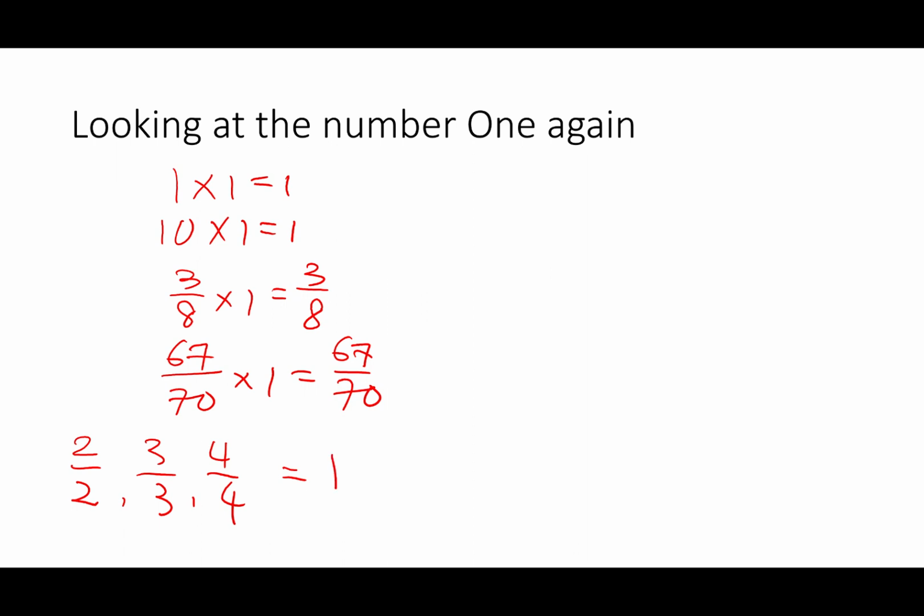So let's have a look at what happens when you multiply the fraction 3 over 4 by 2 over 2. In this case, as we have learned in multiplication, the numerators multiply together and the denominators as well, so you get 6 over 8.